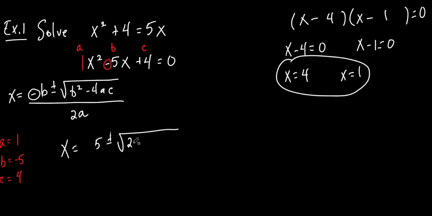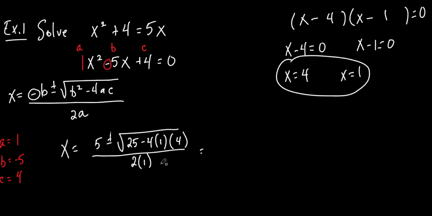So that's going to be a 25. Minus 4 times a. What's the a? 1. What's the c? 4, okay? We'll work on that in a second. Over 2 times a, which is just 2 times 1. So that's plugging stuff in, okay? It's substituting, whatever you want to call it. Math teachers like to say plug it in, all right? That's what we just did.